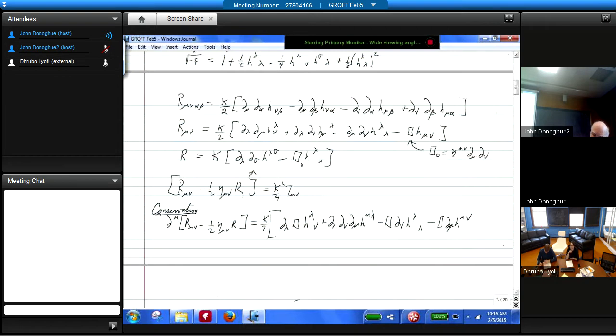And then the next piece here, when I have the factor of R, η_{μν} becomes the derivative ν, and you get derivative ν ∂_λ ∂_σ h^{λσ} minus ∂_ν box h^λ_λ. And so if I've done everything right, these things should all cancel.